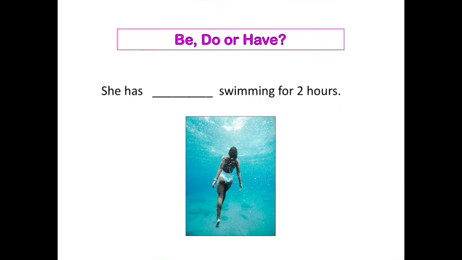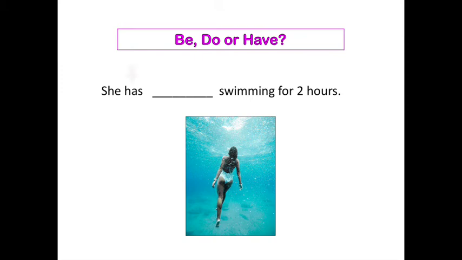She has swimming for 2 hours. Okay, look, we have a present participle, swimming. So that means this is a continuous tense. And look, we have the other auxiliary, has.